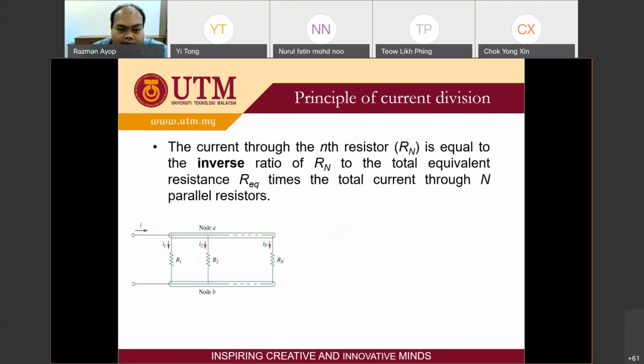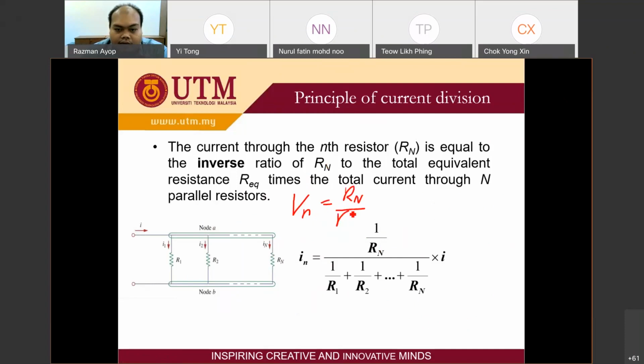How about if the branch is more than 2? 3, 4, 5, 6 and above. Then you have to use this formula. It's almost the same. For the voltage divider rule, Vn equals Rn divided by R1 plus R2 plus and so on, multiplied by V. This is voltage division.